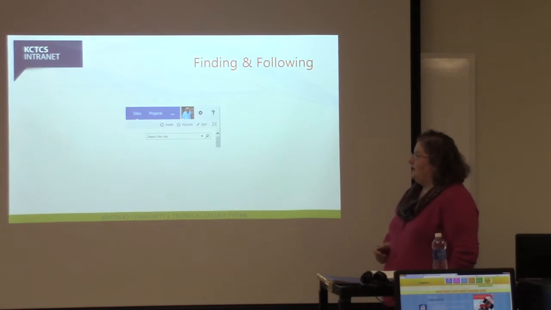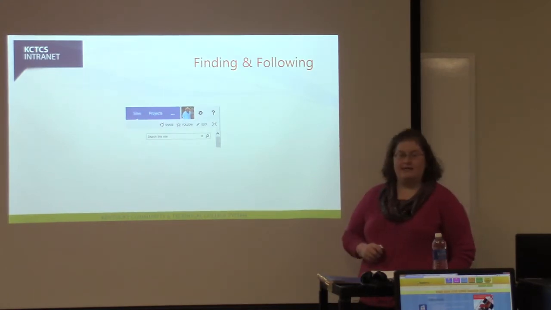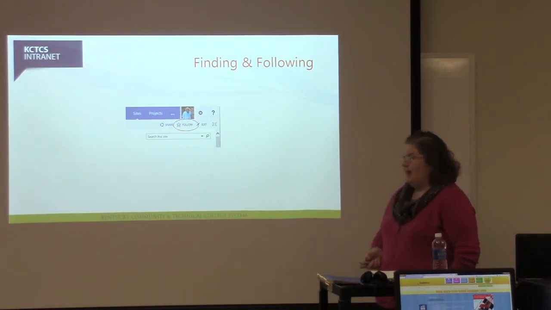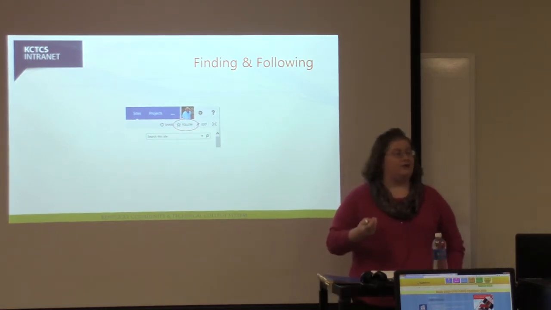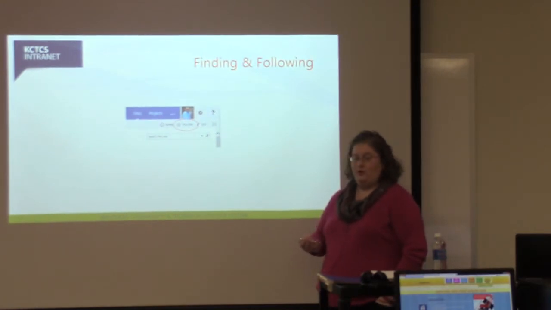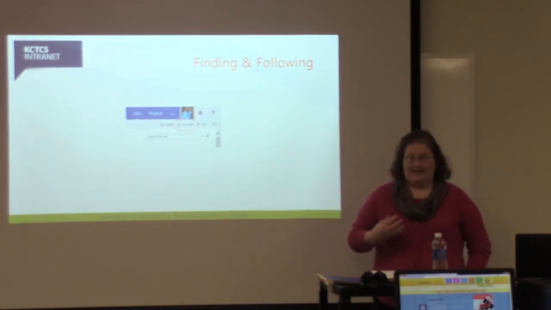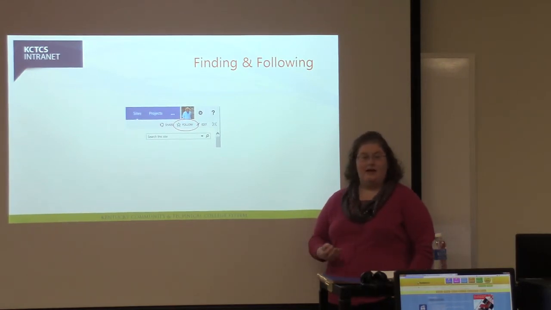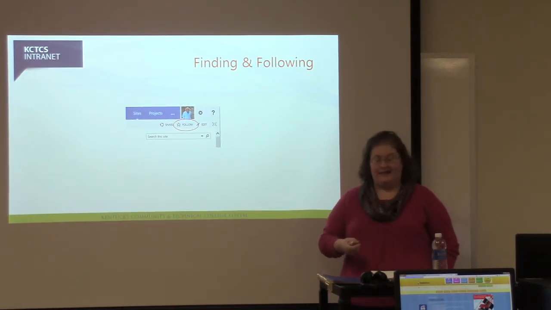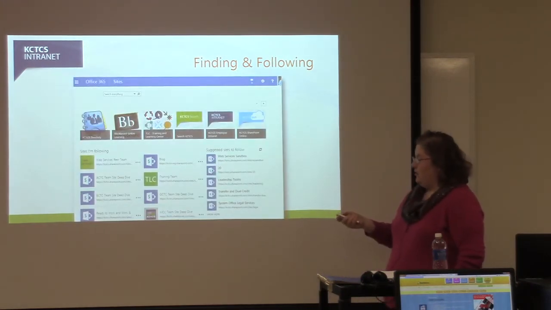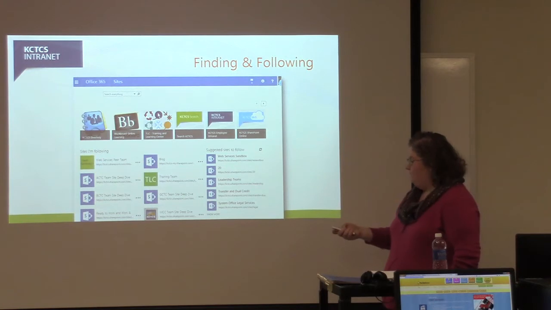To follow a site, you can go to your team site and select the follow link, and then that's going to put it on your site landing page. What we're going to do here in just a few moments is follow the team site deep dive site. That way it'll be on your site landing page, so you'll see it right under the sites I'm following.